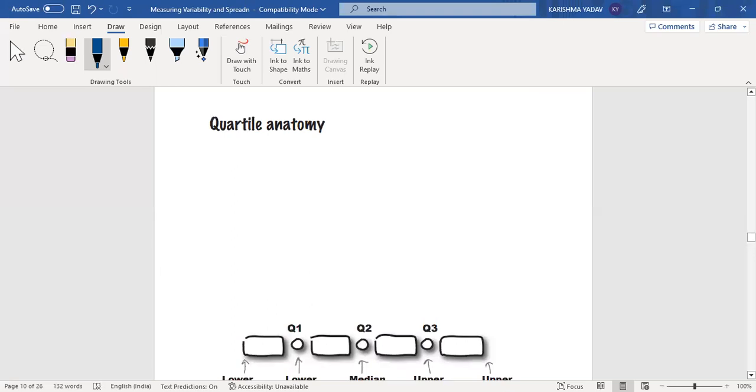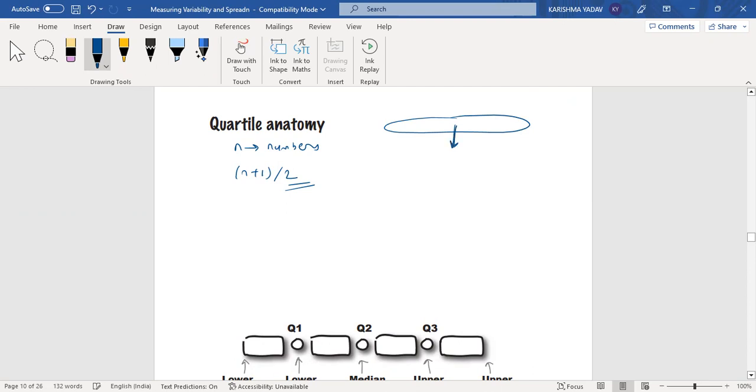So if you have n numbers, the median is the number at the position (n plus 1) divided by 2. If this falls halfway between two numbers, you take their average. If you line up all your values in ascending order, the median is the value right in the very center.